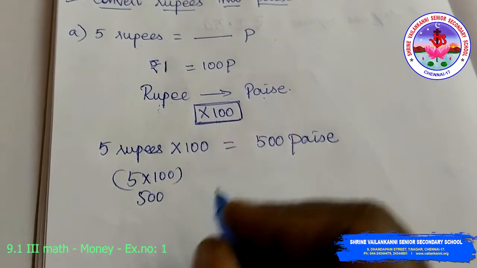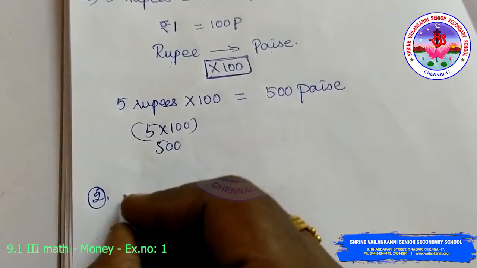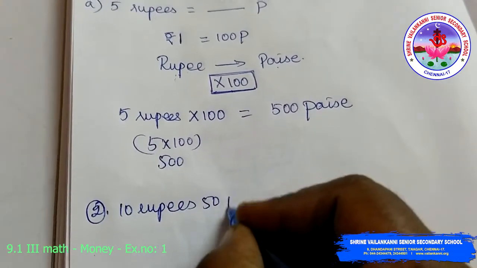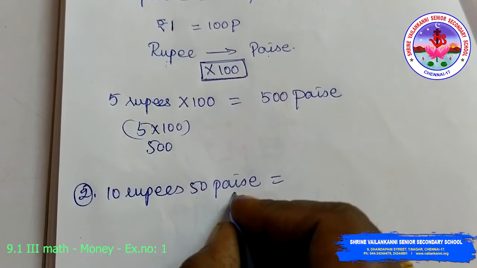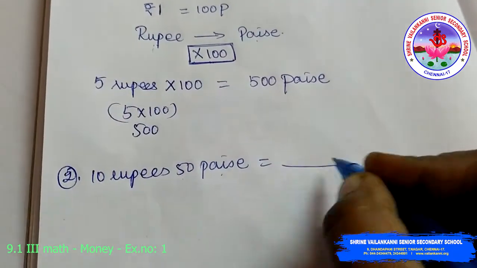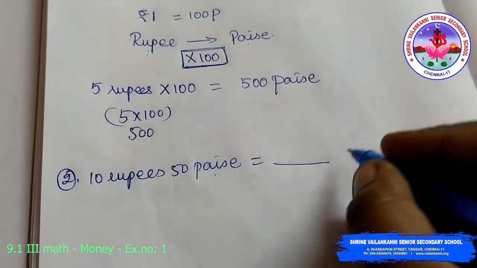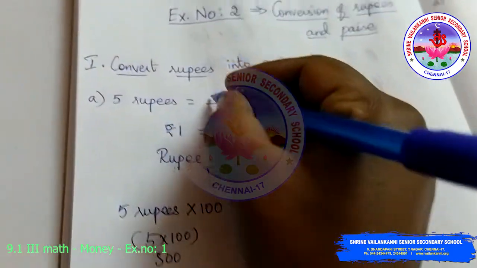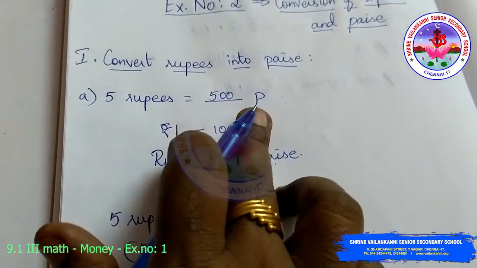Okay. Second sum, 10 rupees 50 pies. Here you have 10 rupees 50 pies. You are going to convert this 10 rupees and 50 pies together to pies. Here I'll just write 500, that is 5 rupees is equal to 500 pies.